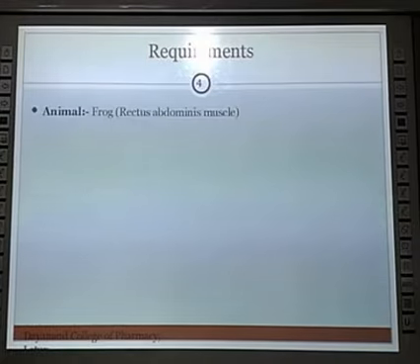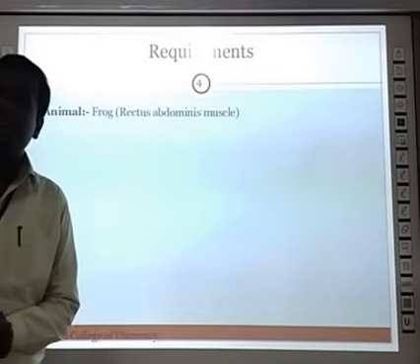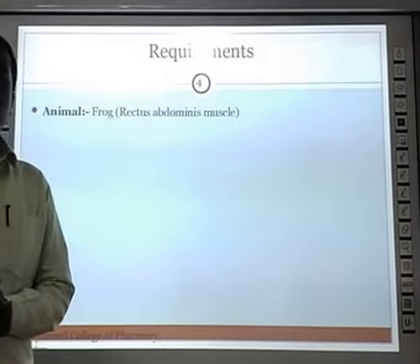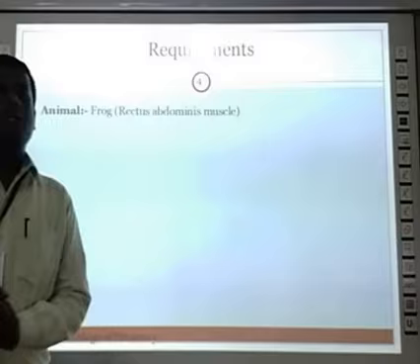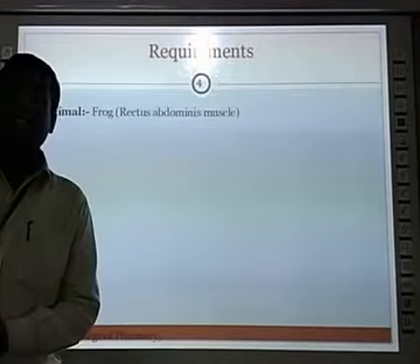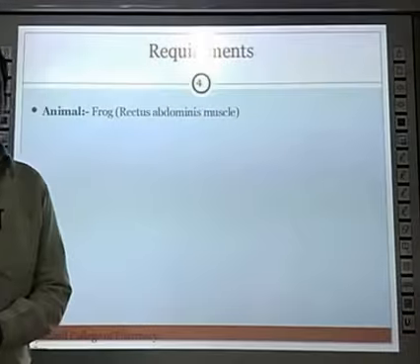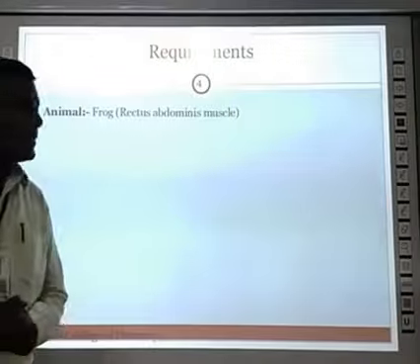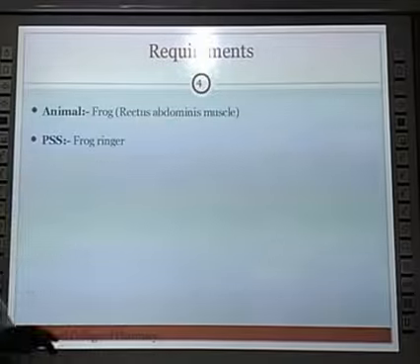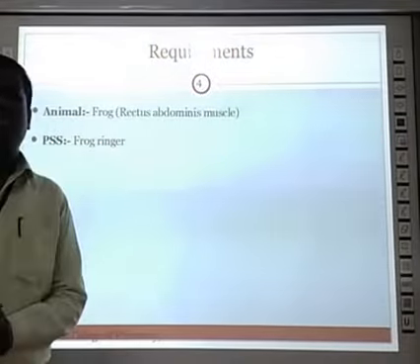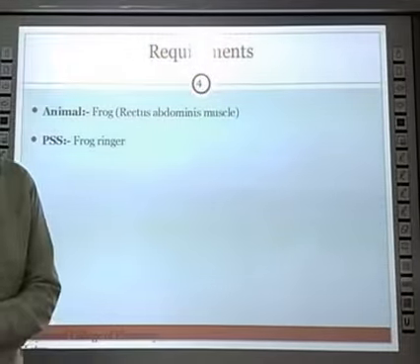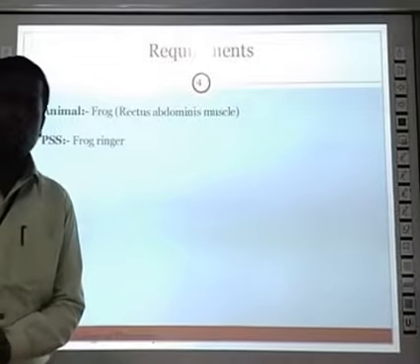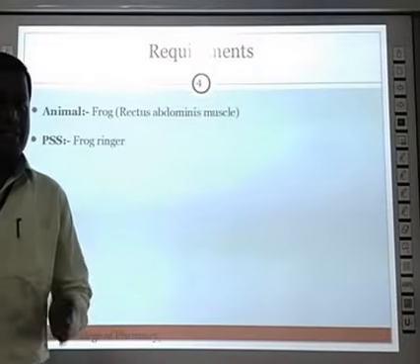So next we will discuss the requirement. What is the requirement for today's practical? Animal: it requires a frog for isolation of rectus abdominis muscle. Then it requires PSS, that is physiological salt solution, with frog Ringer solution as the PSS.